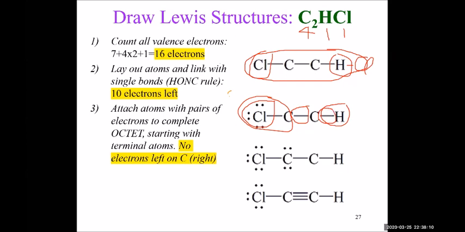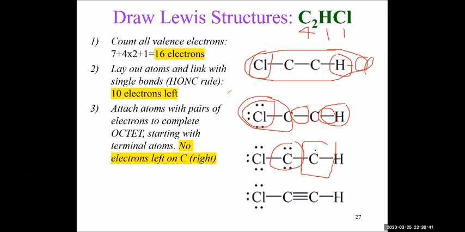We started with 16 electrons. Now there are 12 electrons in the structure, so I have 4 more electrons. We can next move to the central carbon and make it an octet. We use all 4 electrons on this carbon. After this, you notice we run out of electrons, but this carbon is not an octet, having only 4 electrons.